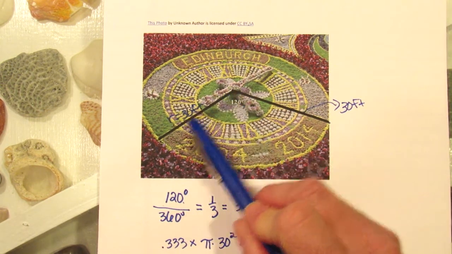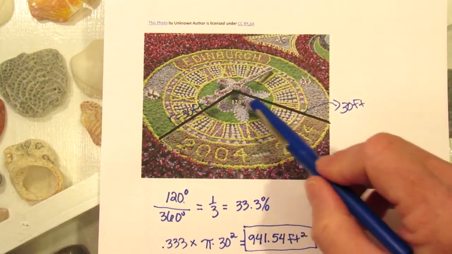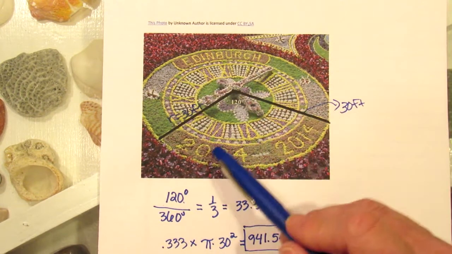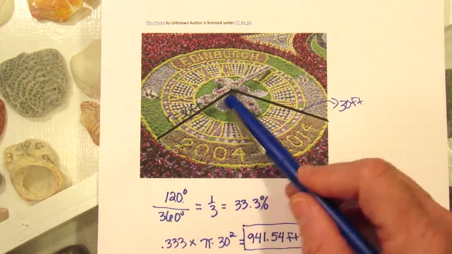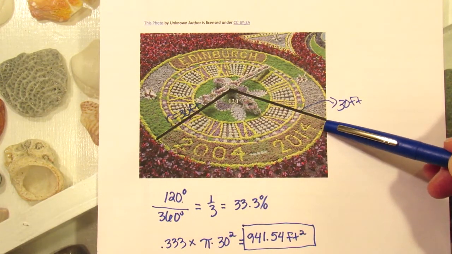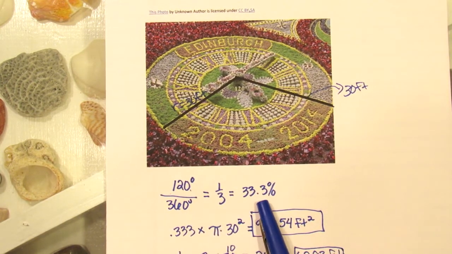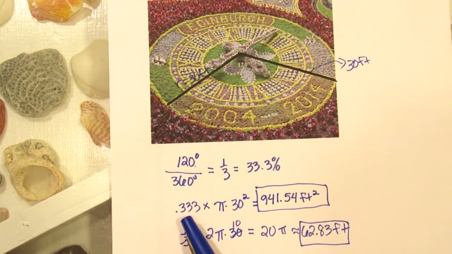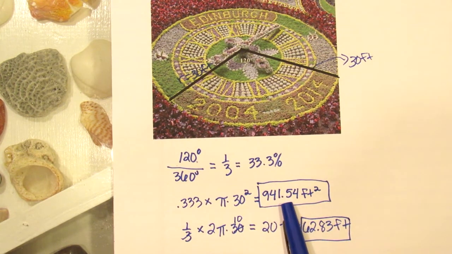If I were interested in the area of this sector, because I needed to buy dirt for that sector, or I needed mulch, or I needed to figure out how many plants to cover that whole space, the angle's 120 degrees, so that gives me the fraction or percent of the circle I'm interested in. If I were interested in area, then it would be that percent times the area of the entire circle, so pi r squared, and that would give me approximately 941.54 square feet.